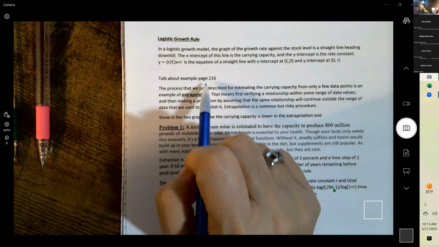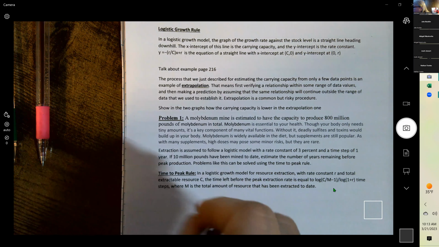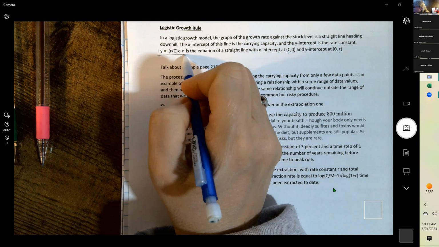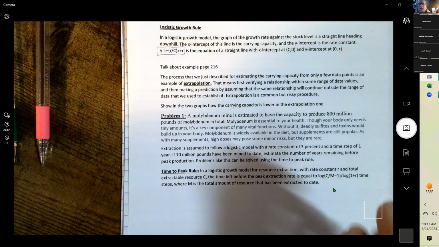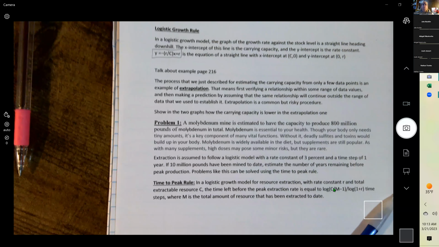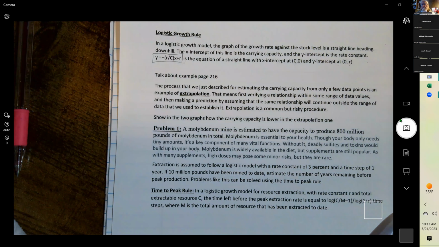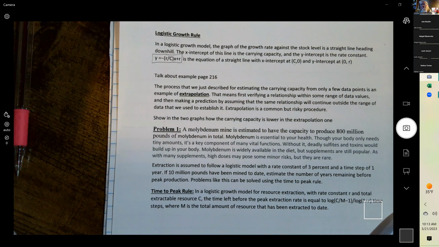There's a good example on page 216. This is one formula that we will use.